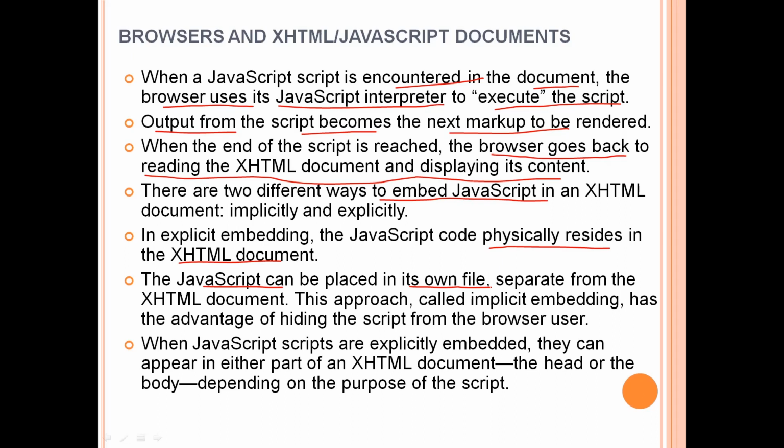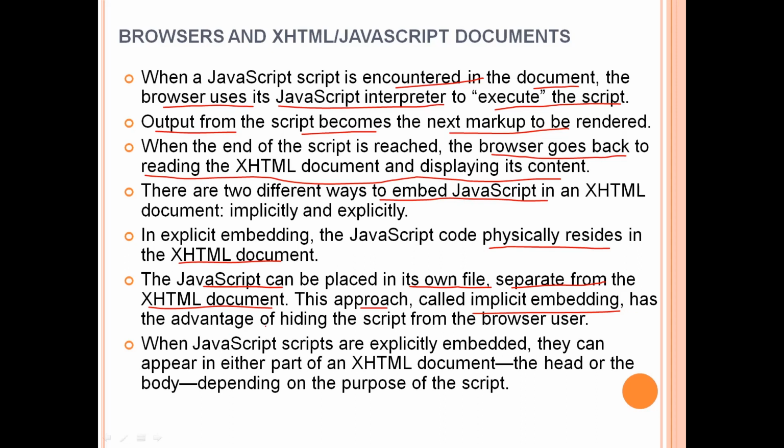In case of external, it resides in a separate file and that is linked. Same like that, even in case of JavaScript, we can have a separate JavaScript file which can be linked to our HTML, XHTML document. This approach is called implicit embedding.